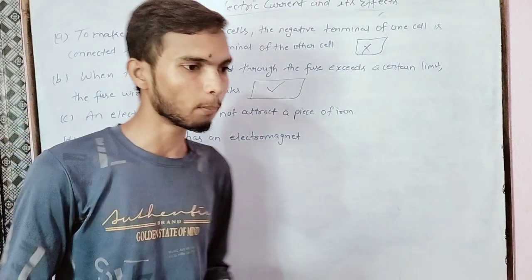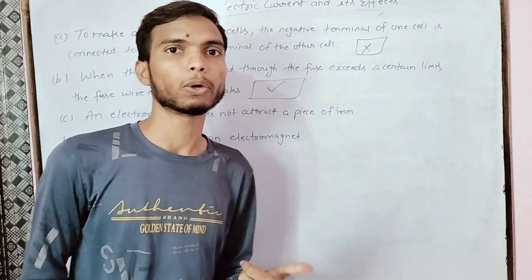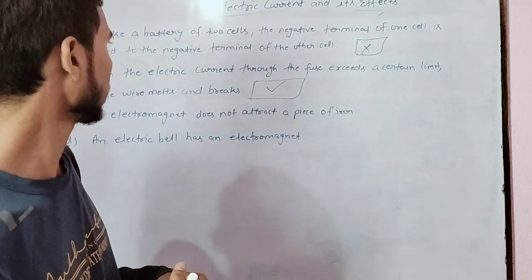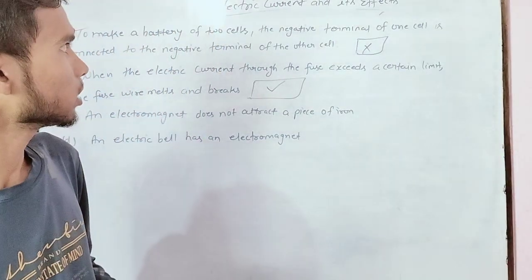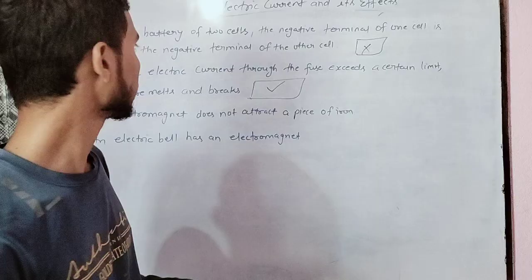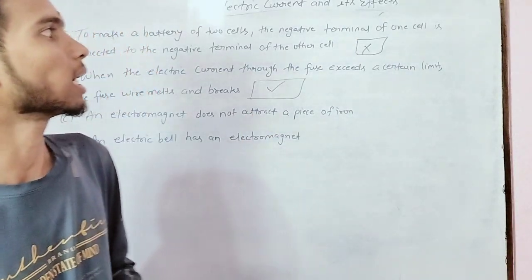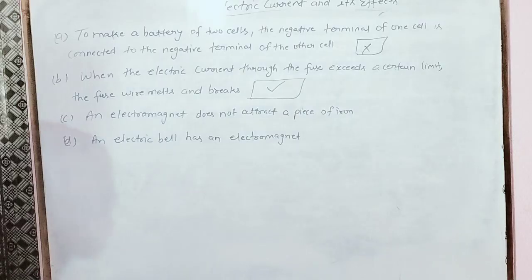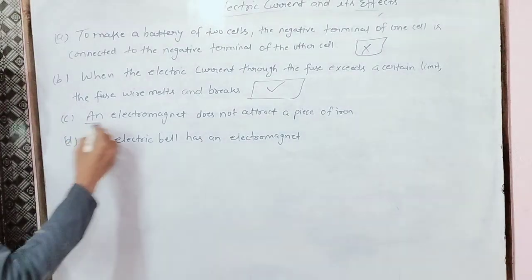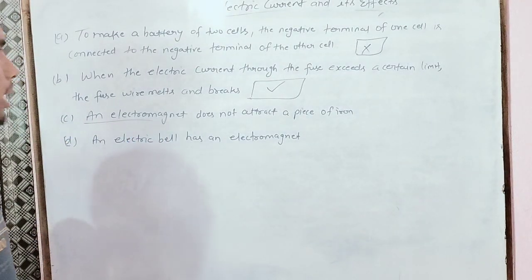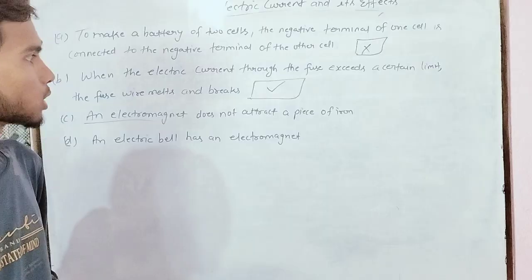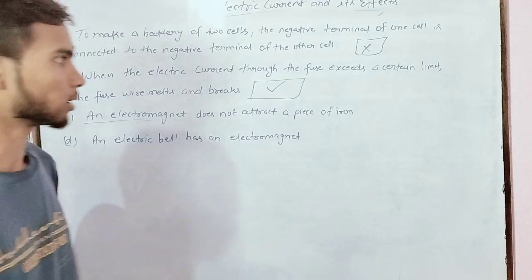The fuse wire will melt and break when the electric current through the fuse exceeds a certain limit. Again, an electromagnet does not attract a piece of iron.